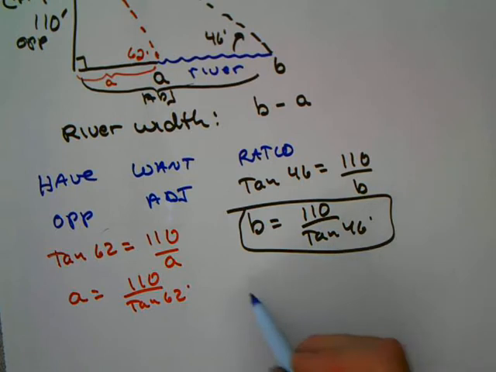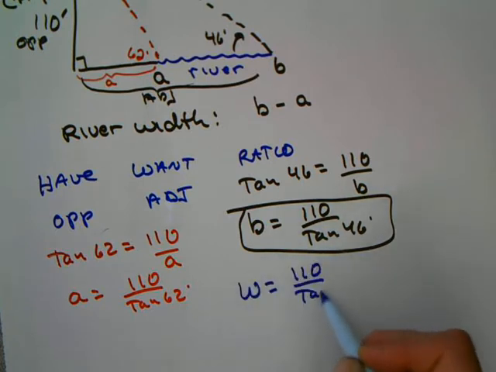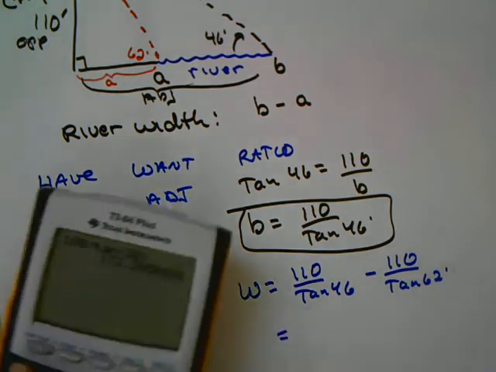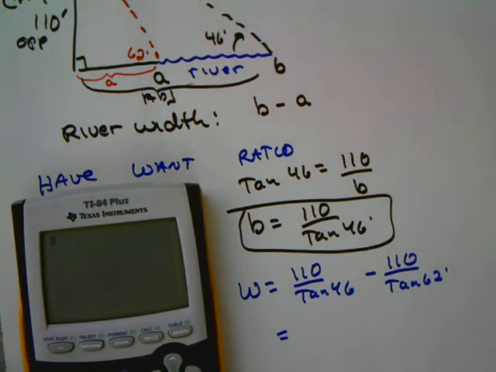Now going back to my B minus A for the river width, I'm going to say the width of the river is 110 over tangent of 46 minus 110 over the tangent of 62 degrees, and then I just plug it into my calculator.